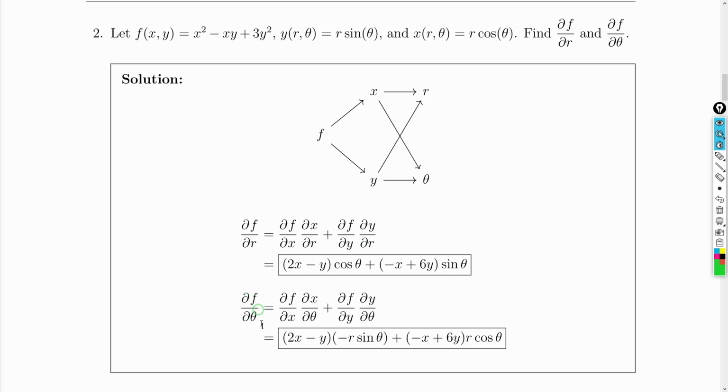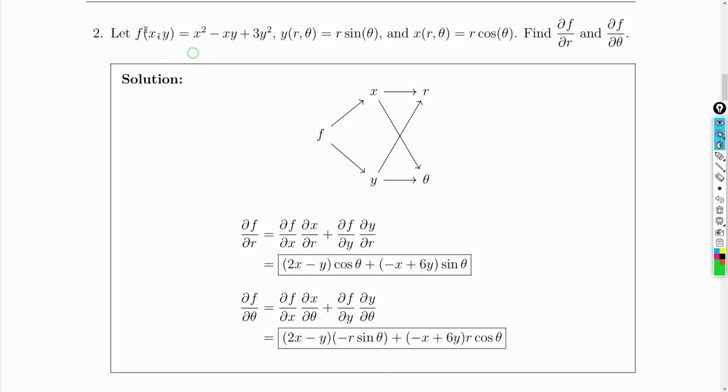Before doing that, let me also say the ones for d theta. Doing df d theta involves the paths going to theta, so df dx times dx d theta and df dy times dy d theta. And yeah, computing these partials.